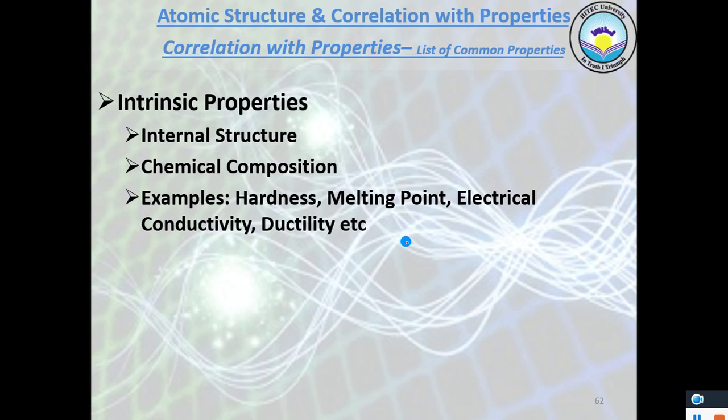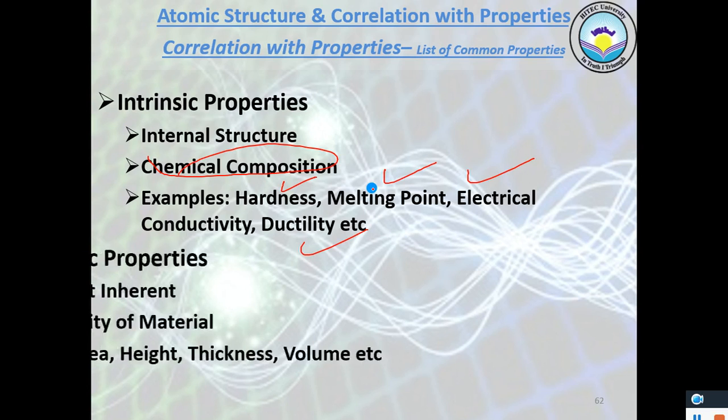So basically we have intrinsic and extrinsic properties. Intrinsic properties are internal structure properties, for example hardness, melting point, electrical conductivity, ductility. They are all because of the chemical composition. So what will be its hardness, melting point, boiling point, electrical conductivity, ductility? These are intrinsic properties.